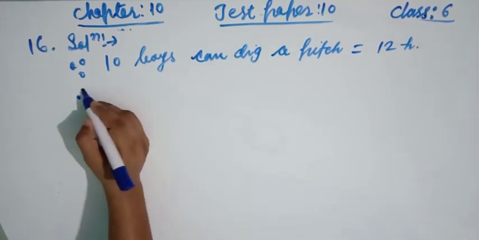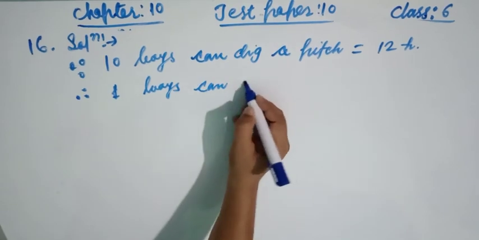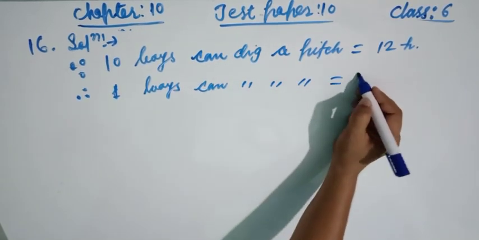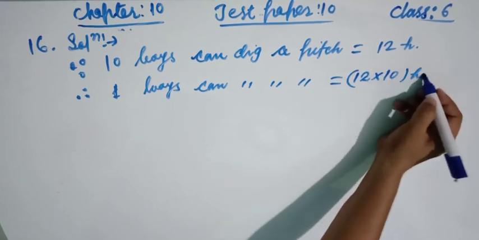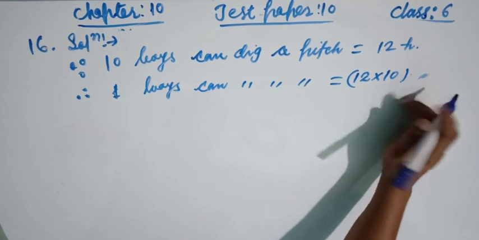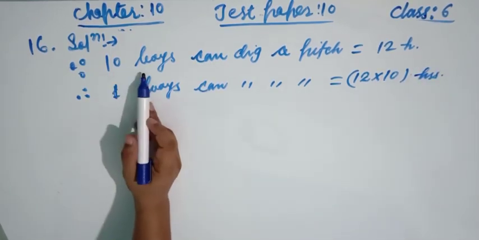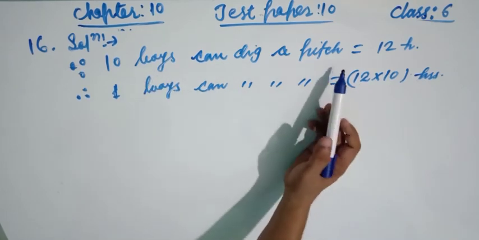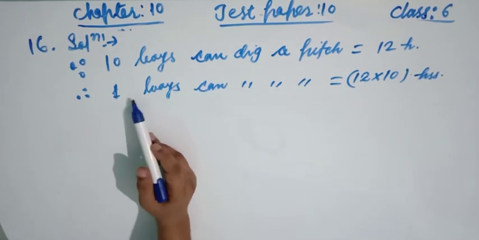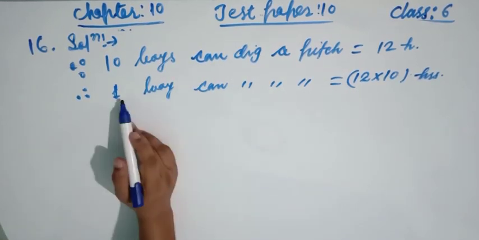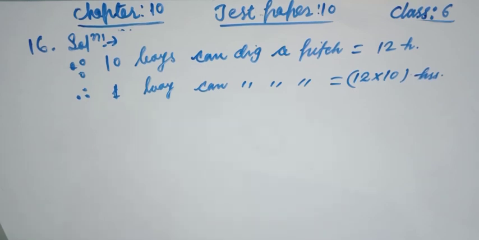So find out, friends, इसलिए 1 boy can dig a pitch is equal to 12 multiplied by 10 hours. Why, friends? Because when there are 10 boys, the work is very easy and it will take the minimum time. When 1 boy does the same work, it will take a lot more time. More time means we have to multiply.